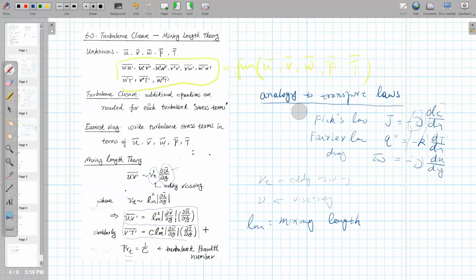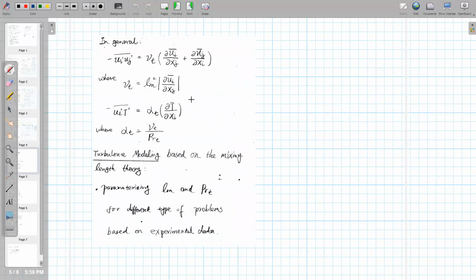Okay, so now the question is that if we want to use this modeling, we have 2 unknowns. We do not know what Lm is, and we do not know what the turbulent Prandtl number is. So if we can find these 2 values for your problem, you can just use this to estimate all these unknown terms. In general, that makes the equation more concise, more clean.